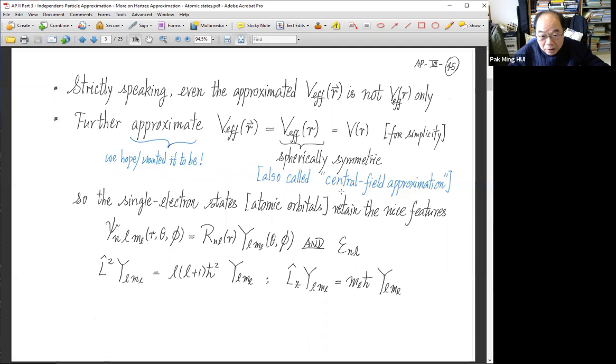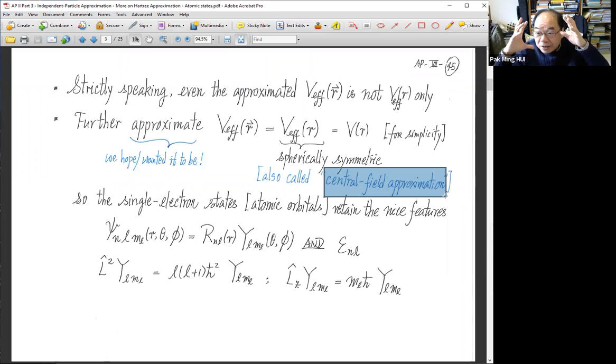We want to approximate this effective potential due to the Z-1 electrons and the nucleus combined to be a central force. It only depends on the distance from the nucleus. This is called the central field approximation. So there are two approximations actually involved here. Reducing it to single particle, that is the independent particle approximation. Hartree, or another name, Hartree-Fock, they are behind the theory.